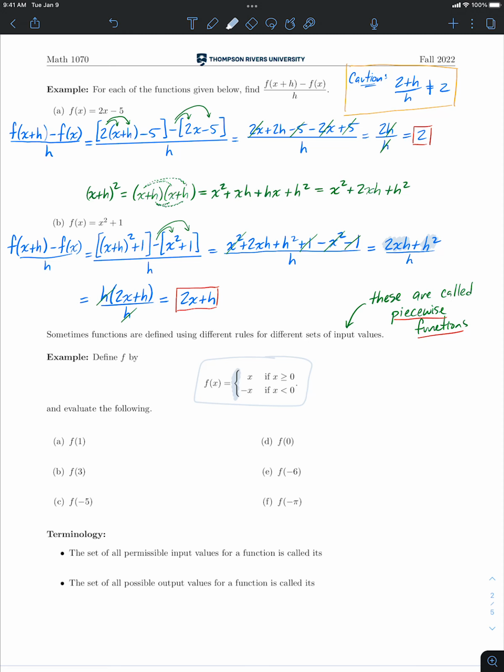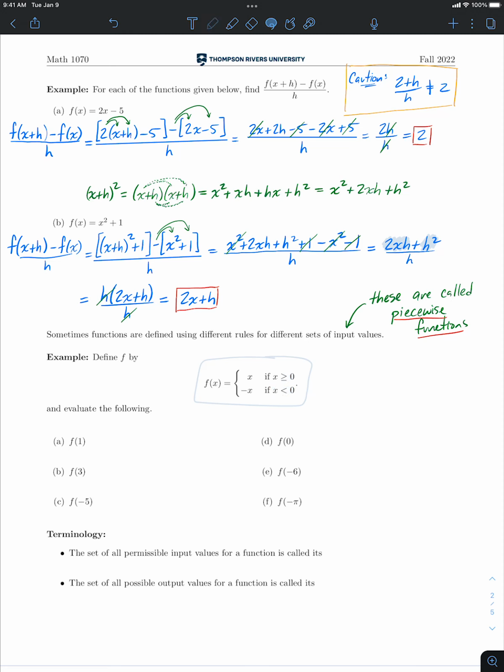Well, it just means that you're going to define your output value based on different rules for different cases. So here are the cases. These are both possible cases that could apply to the input value. Either the input value could be greater than or equal to 0, or it could be less than 0. So the idea is this.